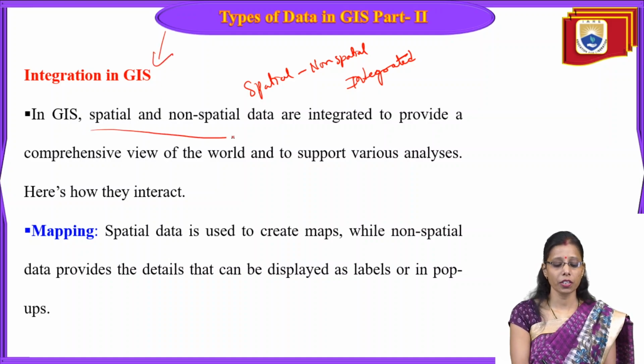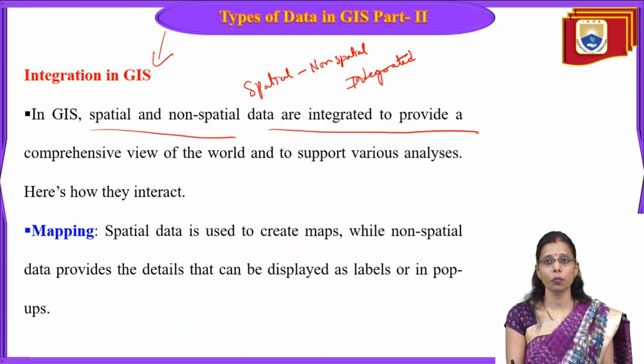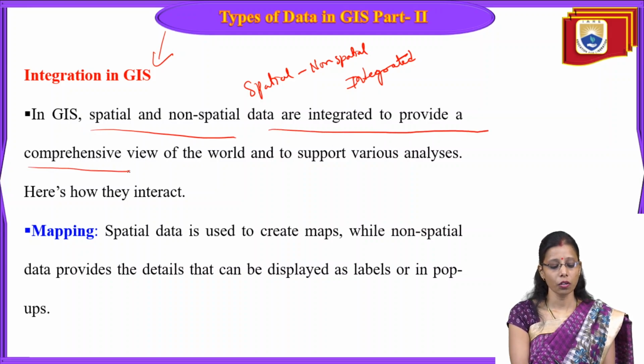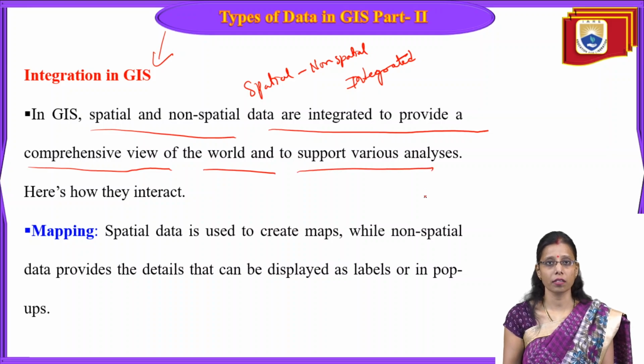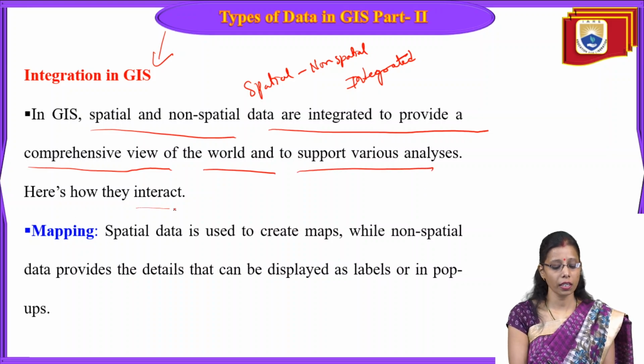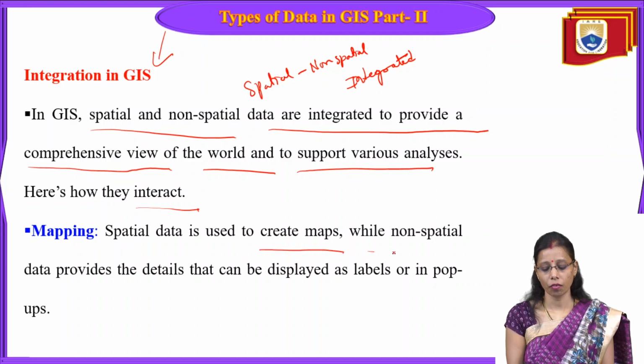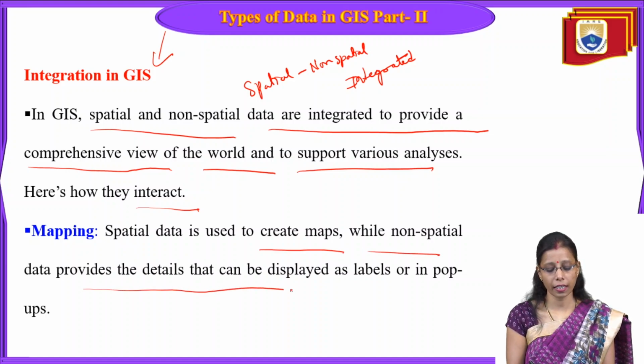So in GIS, spatial and non-spatial data are integrated to provide a comprehensive view of the world and to support various analysis. Here's how they interact. Like we have here mapping. Spatial data is used to create maps, while non-spatial data provides details that can be displayed as labels or in the form of pop-ups.